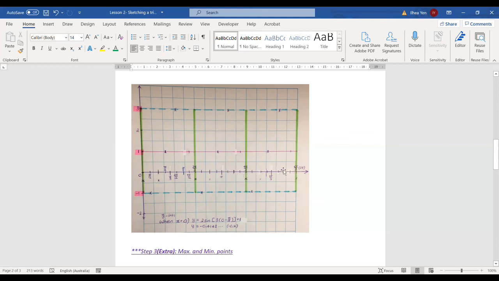Okay, and also, I know that it starts from pi over 4, and then the max is 5 pi over 12. So there are 2 parts each because it has to be symmetrical. Okay, so I've just put the little points there so that it's easier for me to sketch.